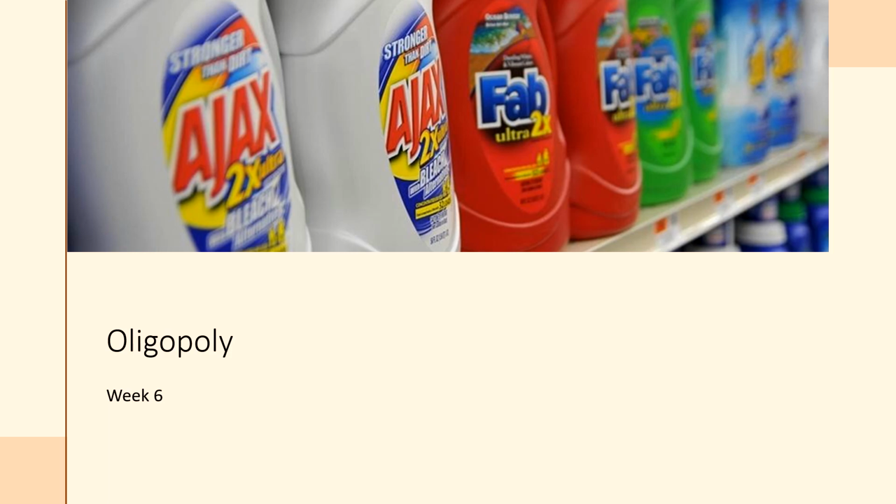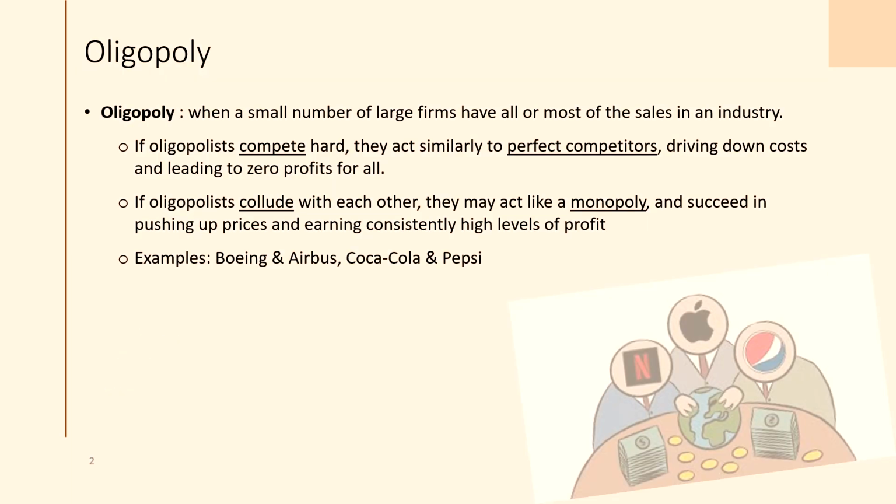In this lecture, we study another important market structure called oligopoly. Oligopoly exists when a small number of large firms account for all or most of the sales in an industry. This market structure is very common in the real world.